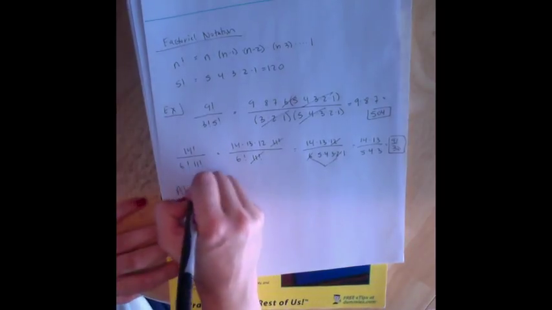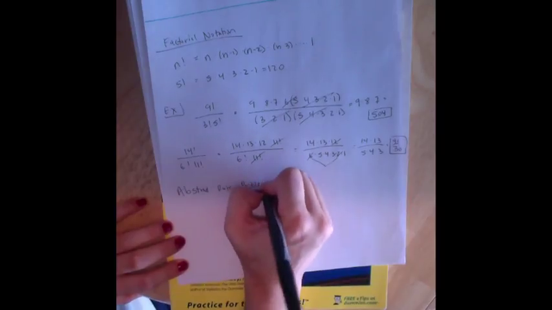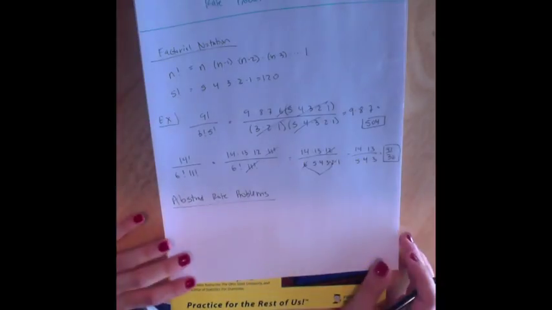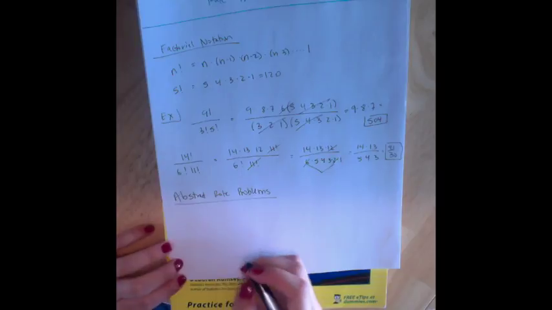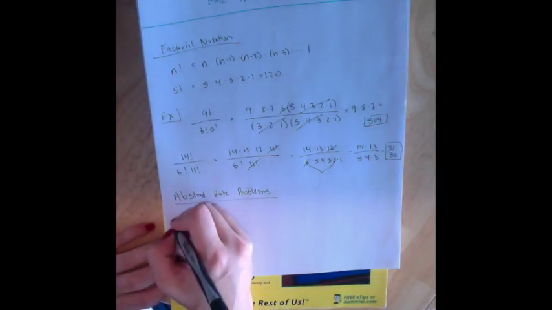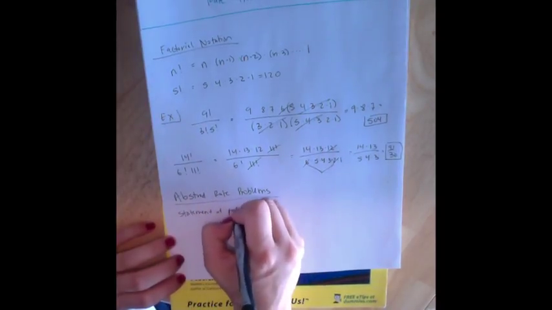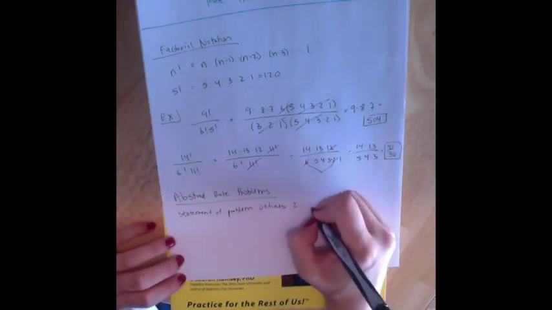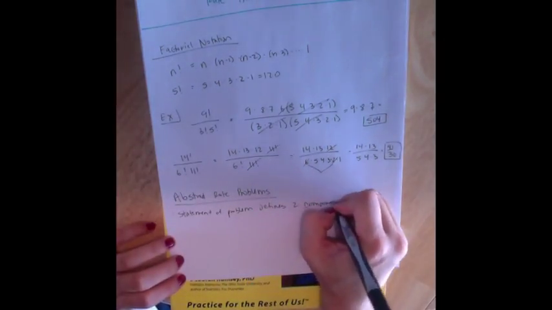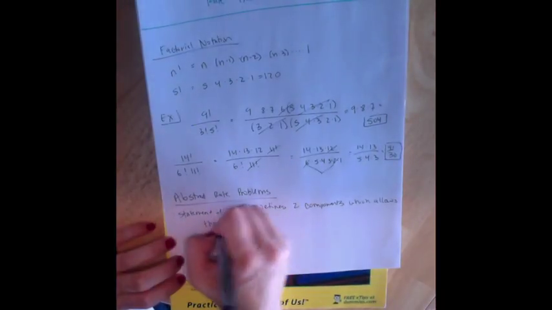Let's talk about abstract rate. These we will see a lot this year. I think it's one of the harder lessons that we have. But abstract rate problems are where the statement of the problem defines two components, which allows the third to be calculated.